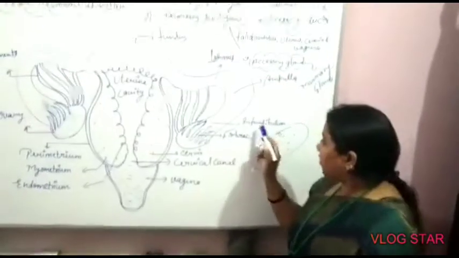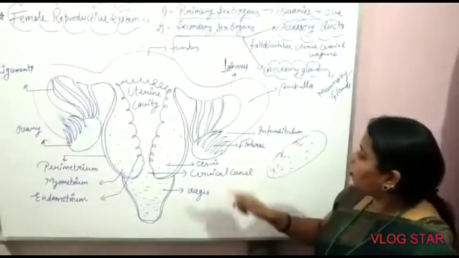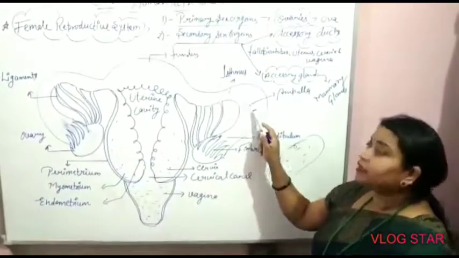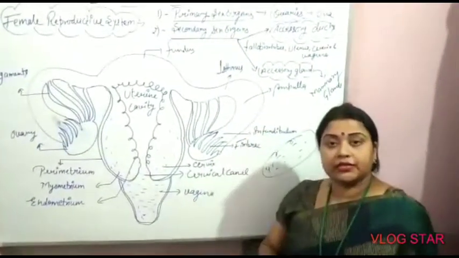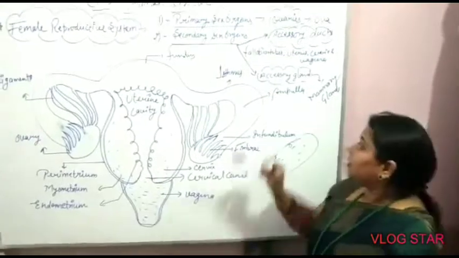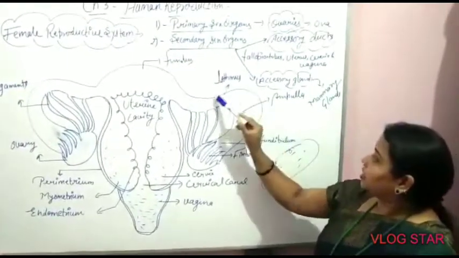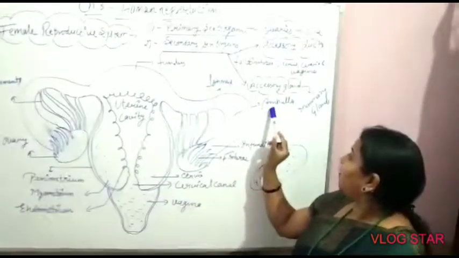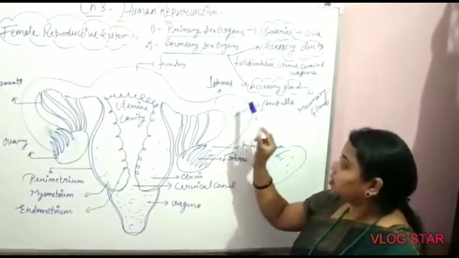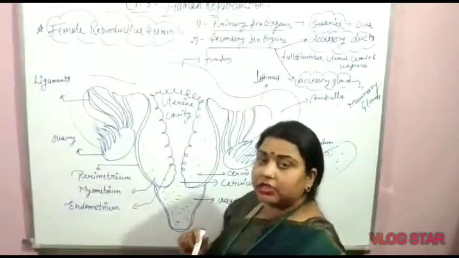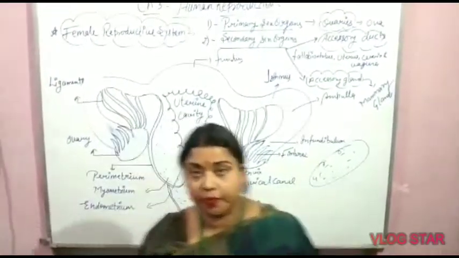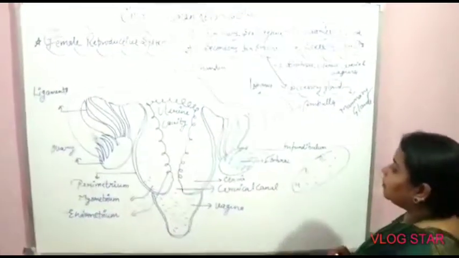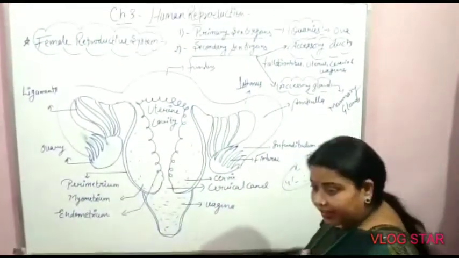The fimbriae of the infundibulum push the ovum from the ovaries to the ampulla and isthmus junction for fertilization. So we can say that the site of fertilization is the junction of ampulla and isthmus. This is the site where fertilization takes place in the human fallopian tube. The human fallopian tube is also called the ovum carrying duct because it carries ova for fertilization.